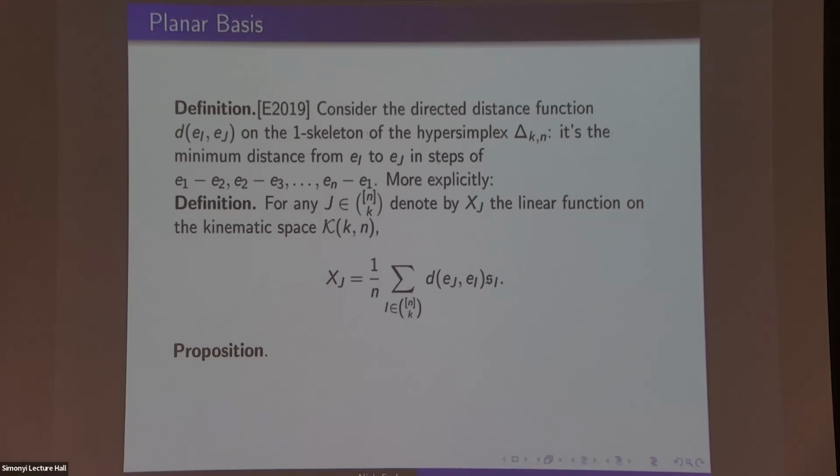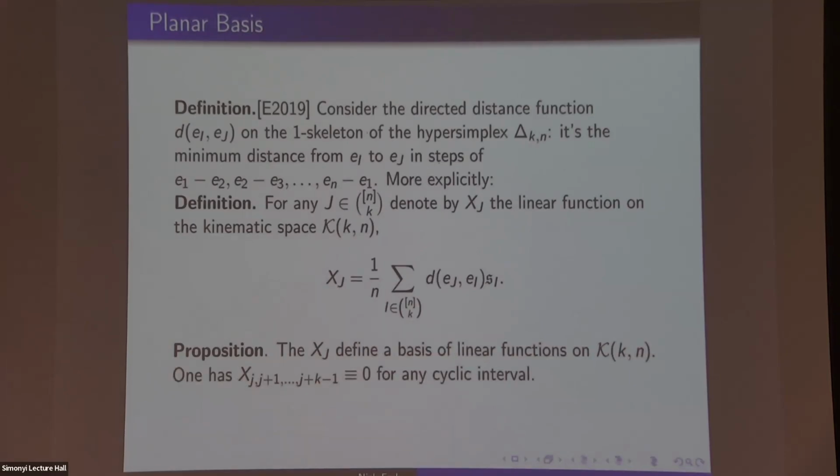So remember, the planar basis in the case k equals 2 for M_0,n satisfies that it is a basis. And moreover, when the k element subset is a cyclic interval, it vanishes.